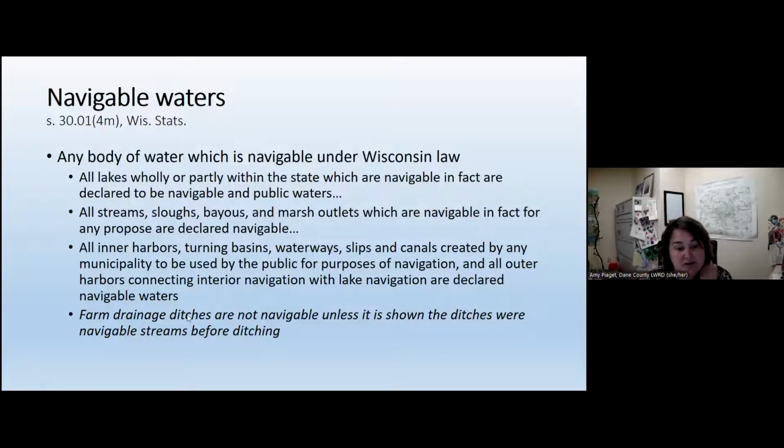And usually in those cases, navigability determinations are done by the state through the Department of Natural Resources. In some cases, zoning through their shoreline zoning can also make some navigability determinations for shoreline zoning. But farm ditches are not always navigable, and that in areas that have had a lot of drainage can come into play. And I have some examples to show of that as well.